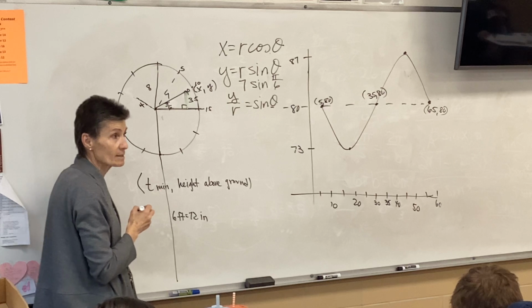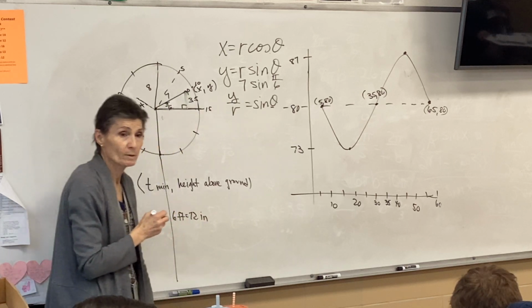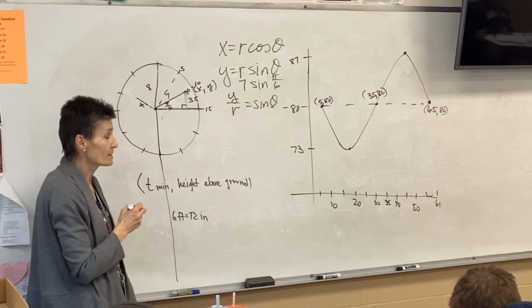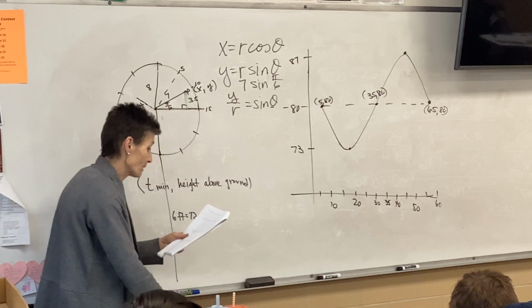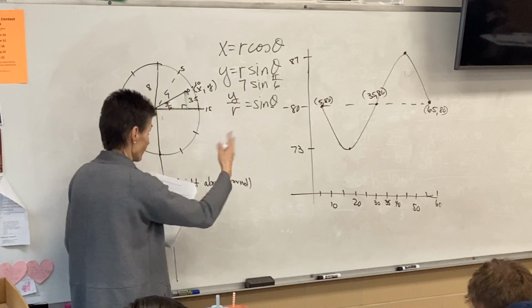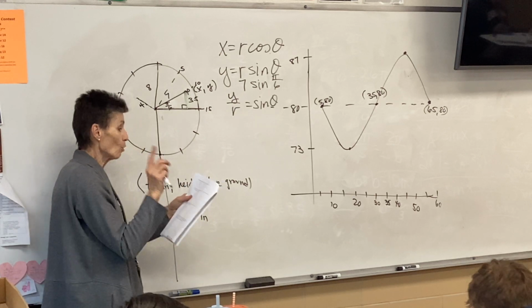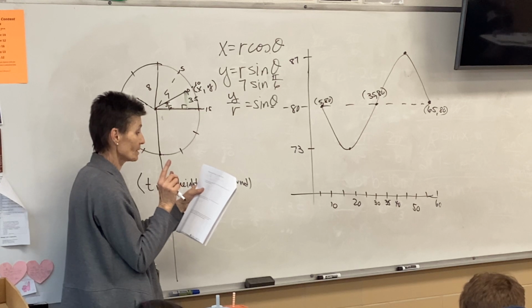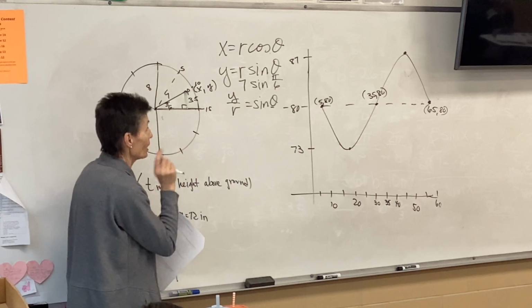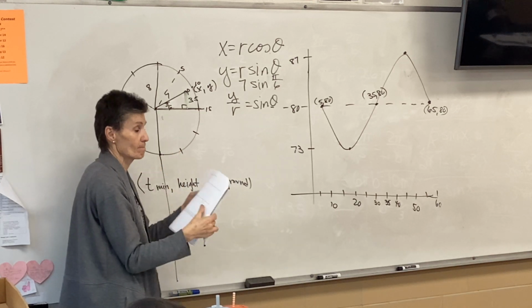If you need an x, our cosine will always find it. If you need a y, our sine will always find it. All right, now we're going to write an equation for this. And according to the problem, we're going to write a cosine equation.